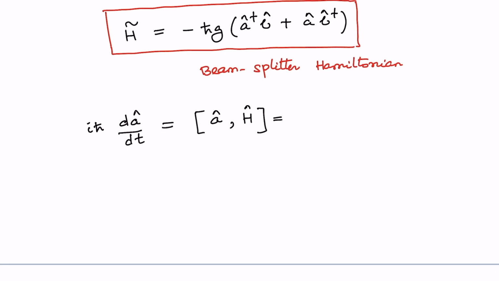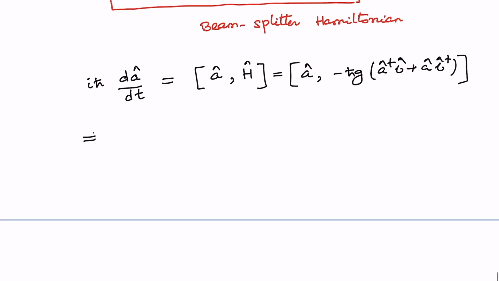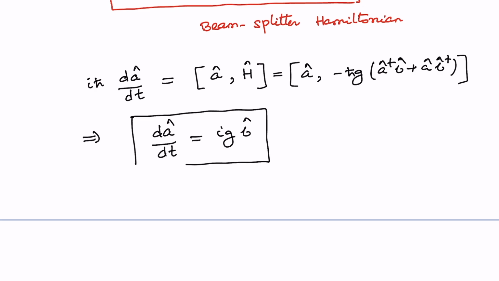If you do the very simple commutation algebra, with minus h bar g, a dagger b plus a b dagger, you will get dA dt is equal to i g b.